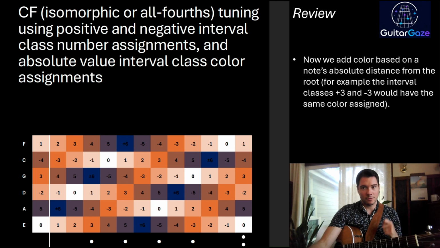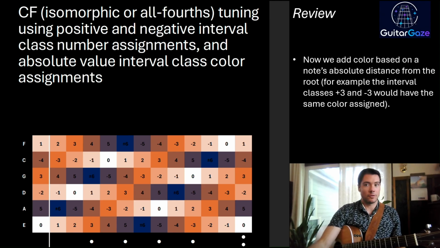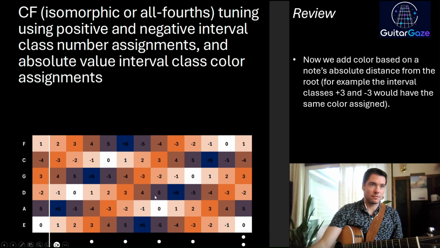With our new isomorphic tuning arrangement, we then represent notes with numbers using 0 as the root and either positive or negative values based on intervals or fret distance from the root. So you can see, if 0 is our root, we can assign any note 0; the root that we choose or the key that we're in will always have the root as 0.